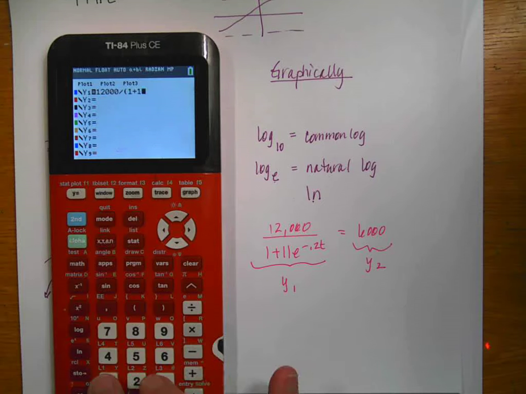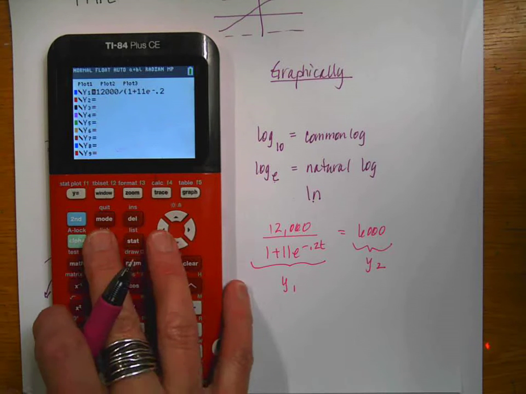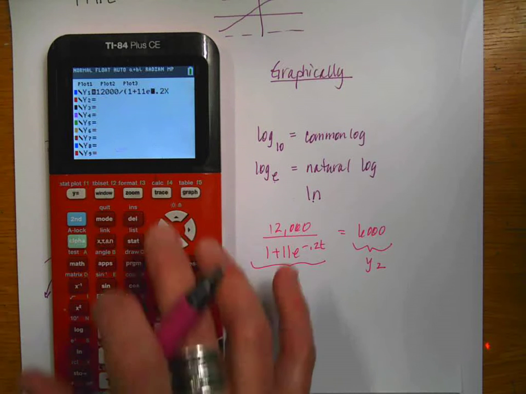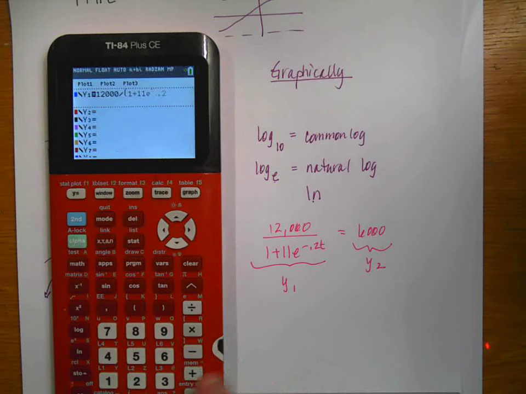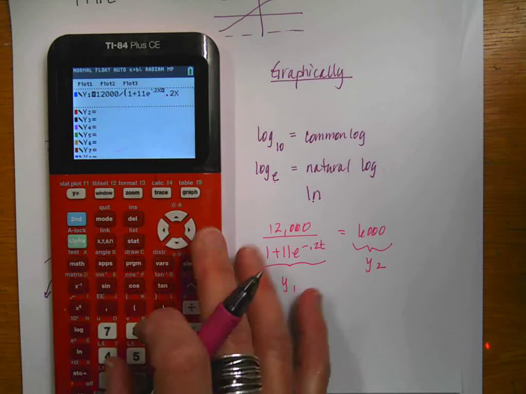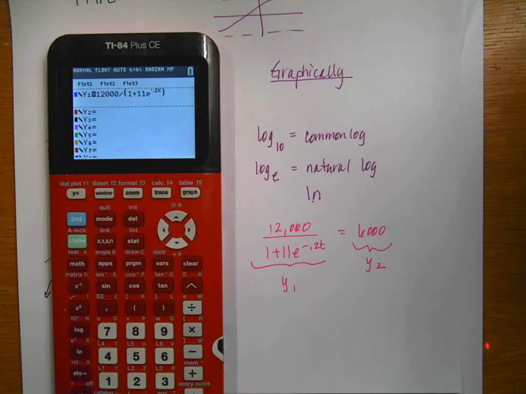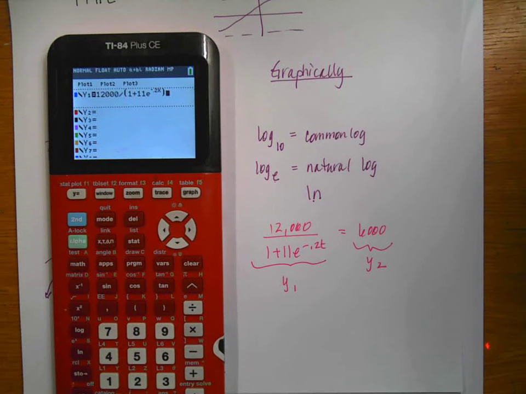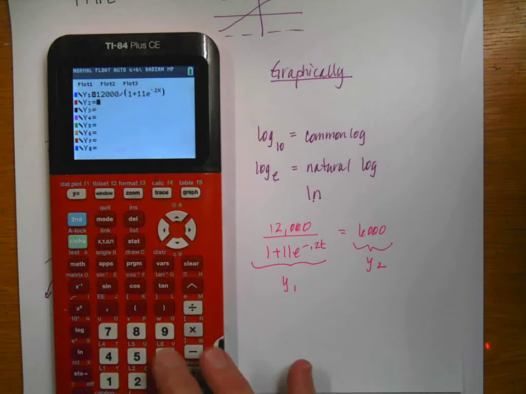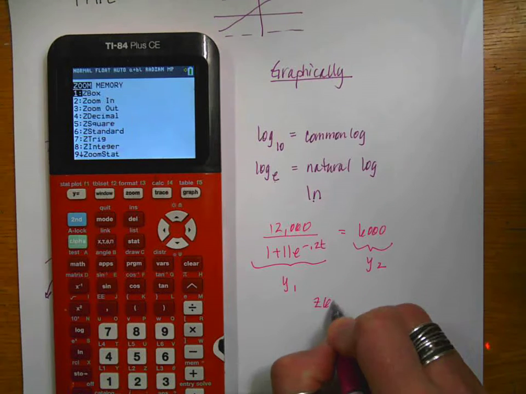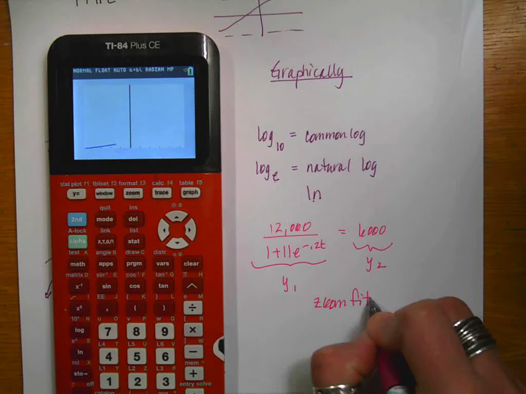I'm going to enter 12,000 divided by parentheses 1 plus 11 times e raised to the negative 0.2 times x, and then close my parentheses. I think I have it right now. Then I'm going to put 6,000 as the other equation, and do a zoom 0 for a zoom fit.